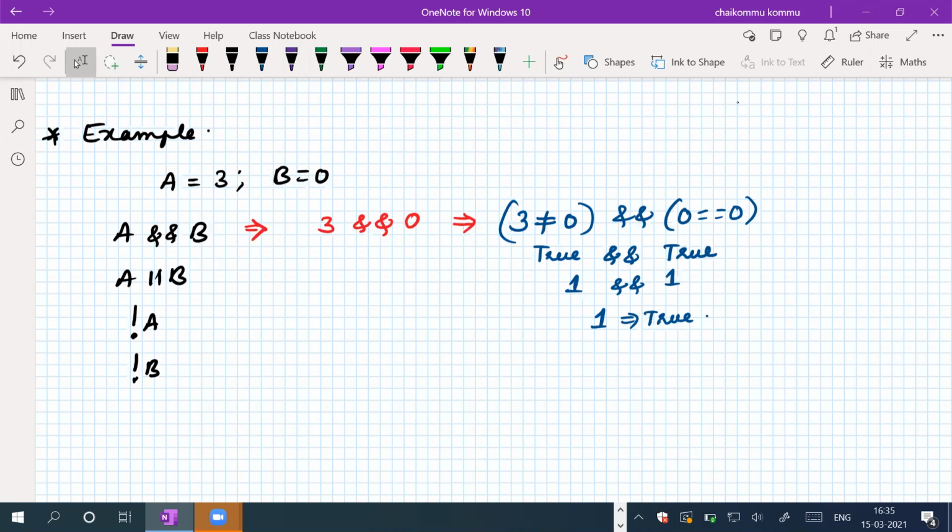B is equal to false. 0 means automatically a false value only. So 0 is not equal to 0? That's not true. Therefore, it's false. It is a false information. So that means the value of this one is 0, and the value of this one is false.